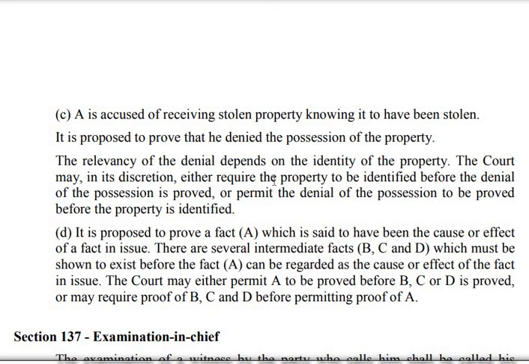Then how is my conduct relevant? Because if I am having a mobile, it is my mobile, and I have the right to tell anyone that I am not having the mobile. So that is where this conduct of mine becomes relevant.